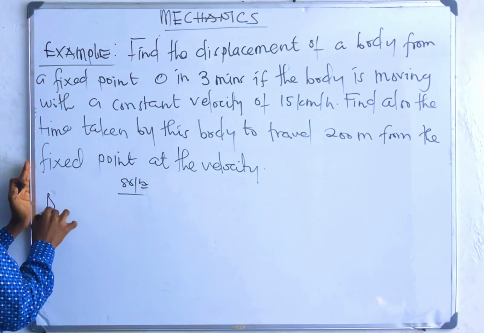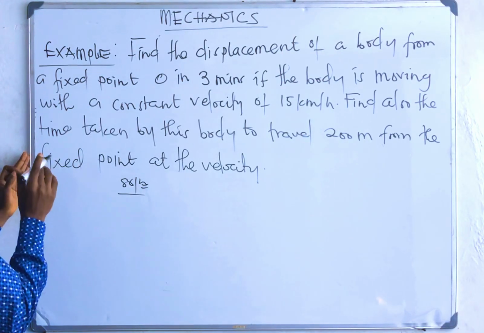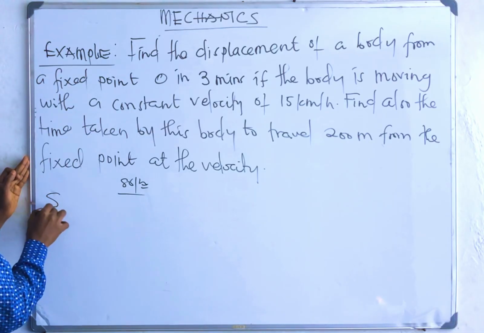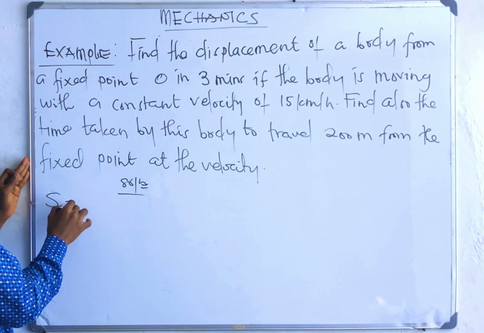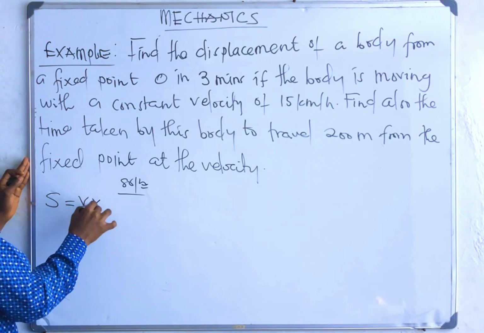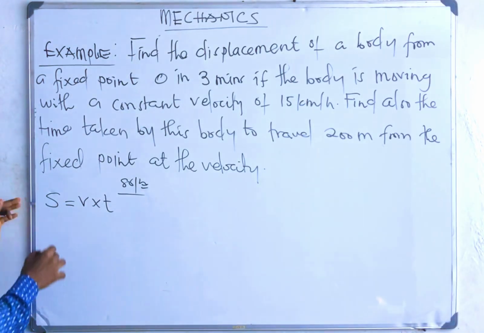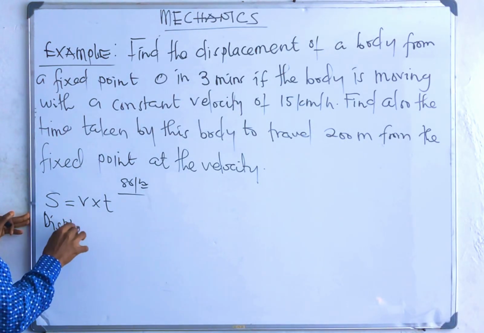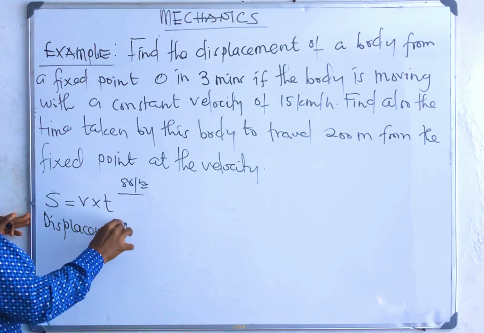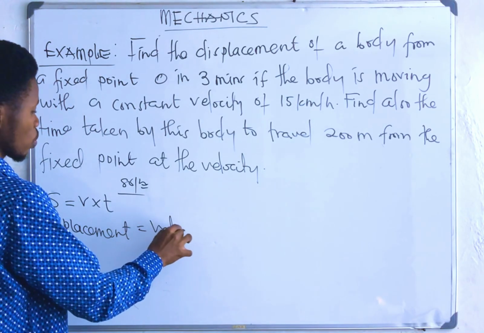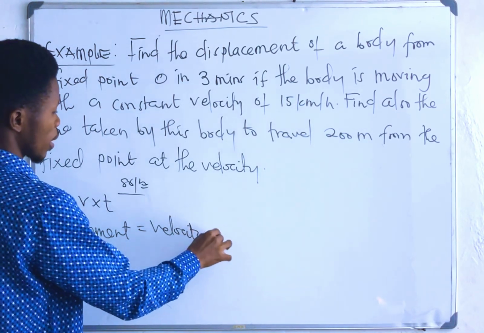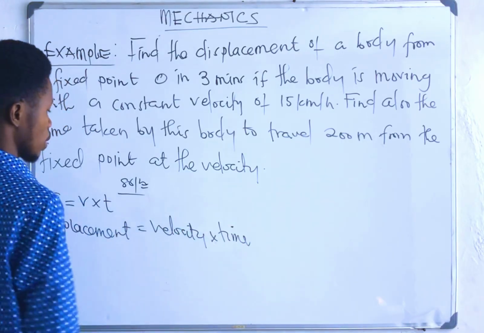We know that displacement, which is always abbreviated as S, is given as velocity times what? Time. We said that displacement is equal to velocity times time. Is that okay?